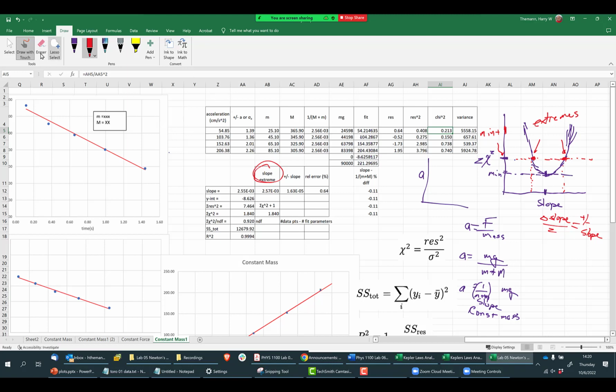Because what we're going to do is ask Solver, instead of finding the minimum chi-square, to find a sum of chi-square. We're going to ask it to find a particular one. In fact, notice that we have our best fit value here now.